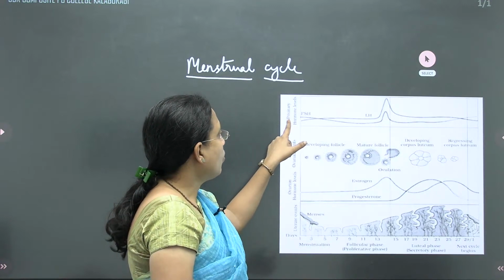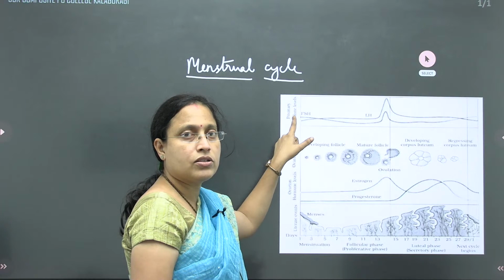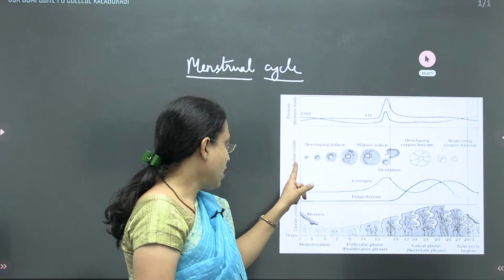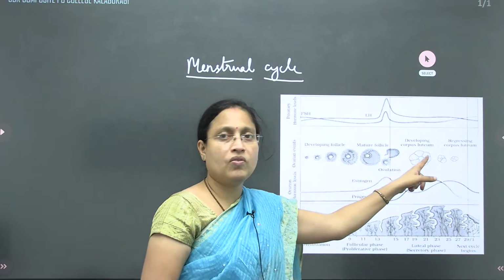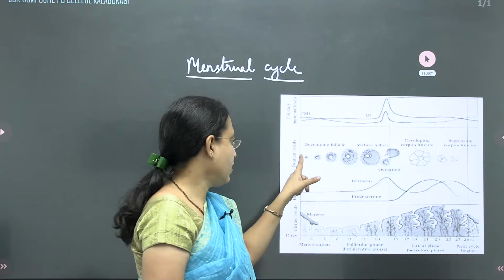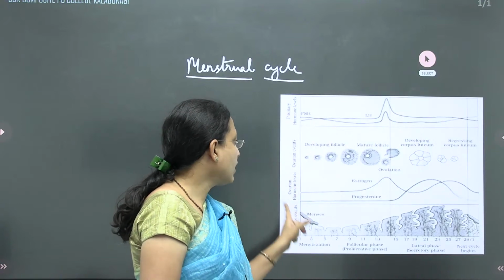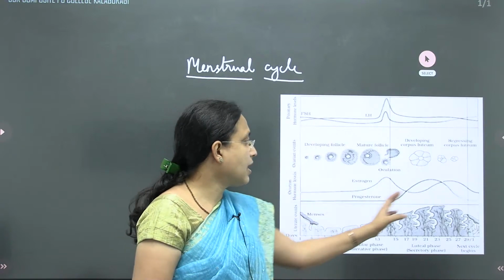So events can occur at different levels. Here, what is the condition in case of pituitary hormone is given. What happens in the ovary, that is, ovarian events are given. Then what happens to the ovarian hormones during these stages is also explained.